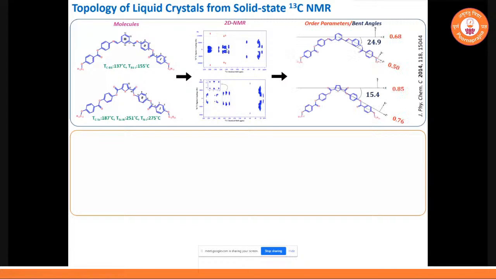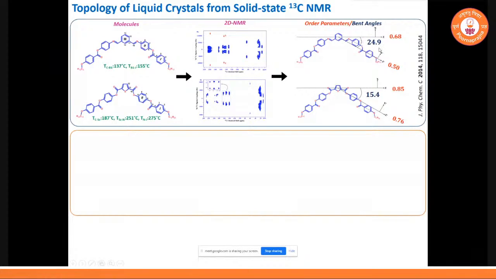Using that, we calculated the order parameter for this molecule. What we found is that this ring, which is very rigid, has a very high order parameter of 0.68, whereas the side phenyl ring, which has less order, has an order parameter of 0.50. From this ratio of order parameters, I can also calculate the bent angle between these two axes.